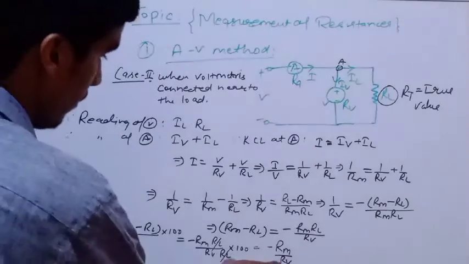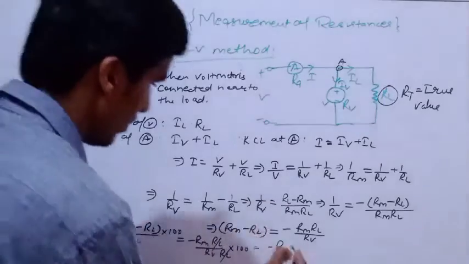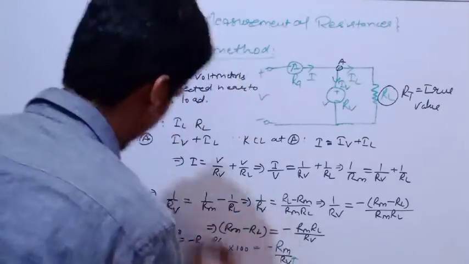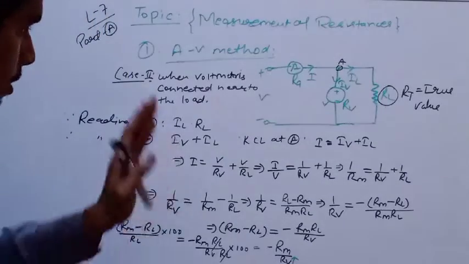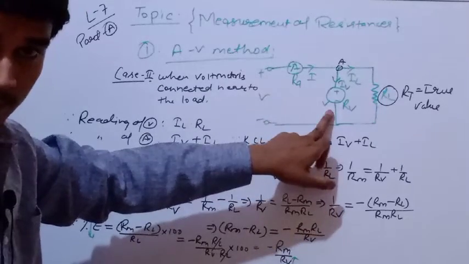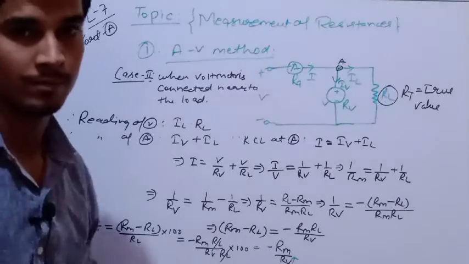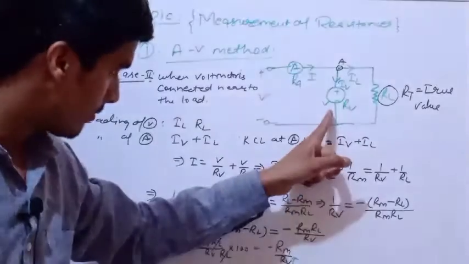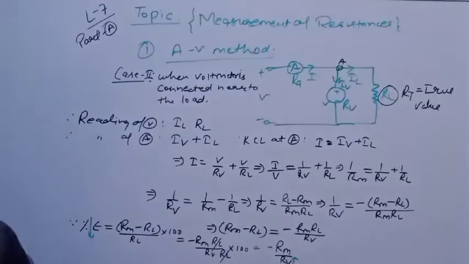If RV is higher, then the error will be lower. So when the voltmeter resistance value is greater than the ammeter resistance value, then you can take this method.